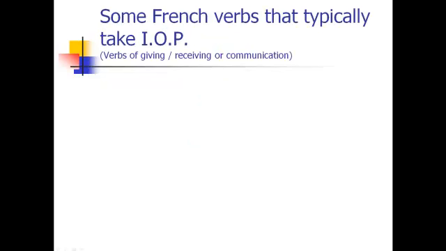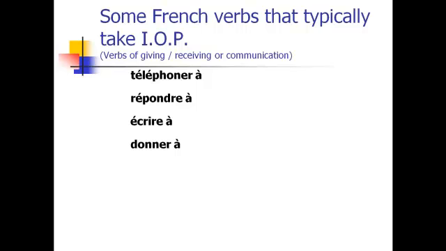Okay, so there are some verbs that typically take indirect object pronouns. I just wanted to show you this list, and these are typically verbs that show giving, receiving, or communicating with someone. Notice in this list, all of these words have à after them. Some of these verbs could take both a direct and an indirect object pronoun, but those, let me go back. Those are some of the verbs that you'll see that will typically have a person receiving the action here as an indirect object.